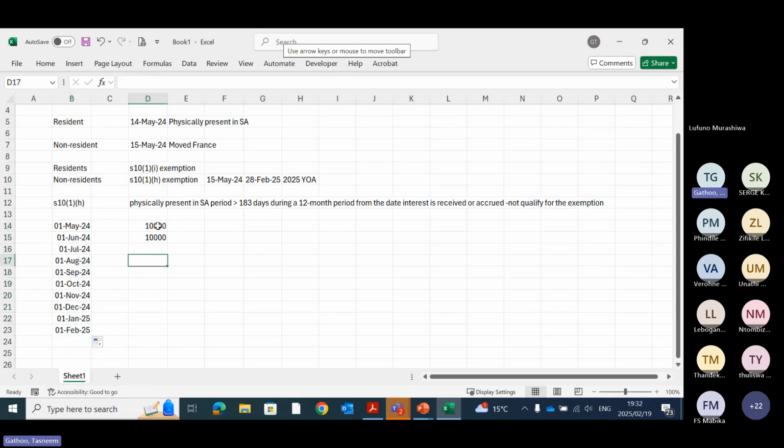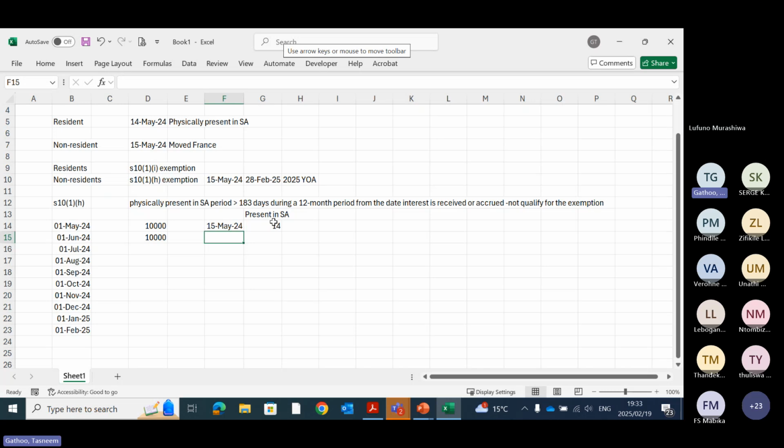So now if you look at this 183 days, it's roughly 6 months of the year. So we know that when she left on the 15th of May, she was in South Africa for 6 months. So for the 15th of May 2024, she was present in SA for 14 days, right?